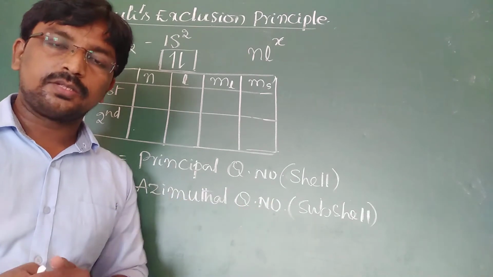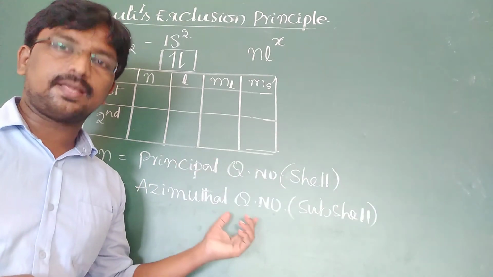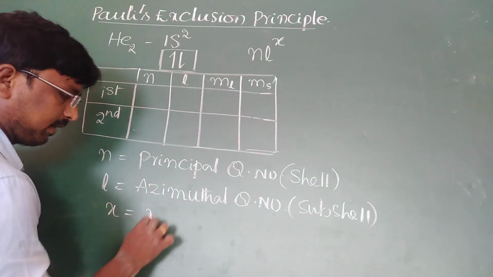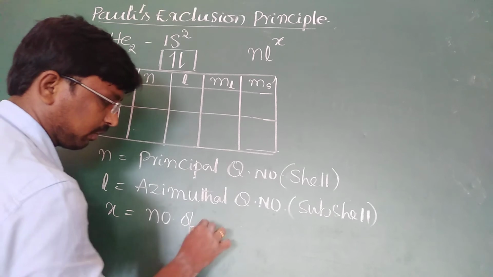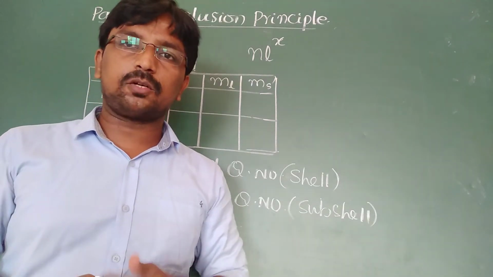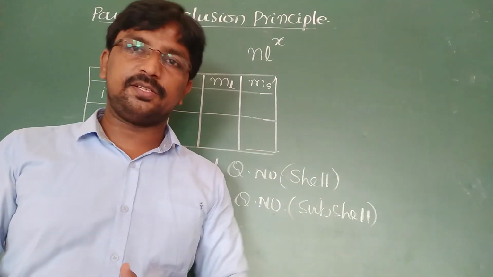And x is the number of electrons present in that subshell.